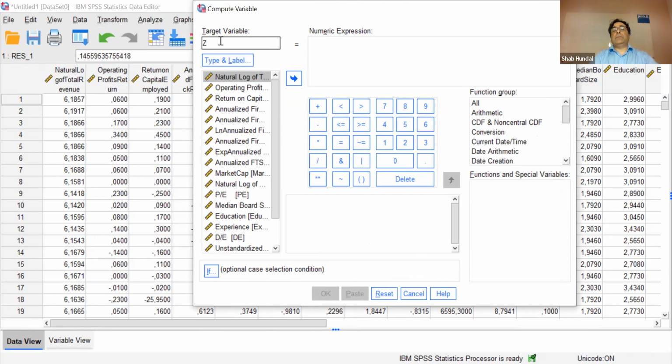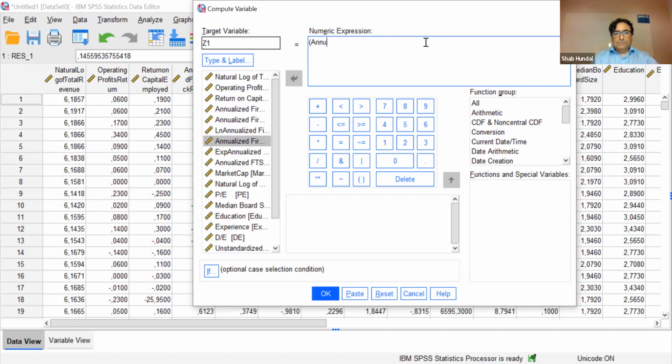Target variable means what name it should have. And what was the first variable? Annualized firm stock return. So I put the bracket. Basically, I know that the word annualized is so obvious that it comes 4 times, so I can take all of them here.